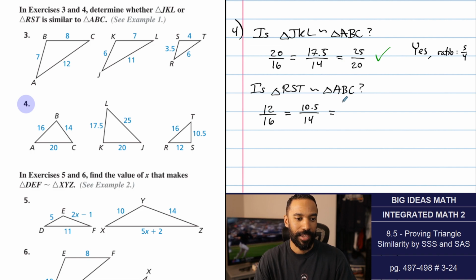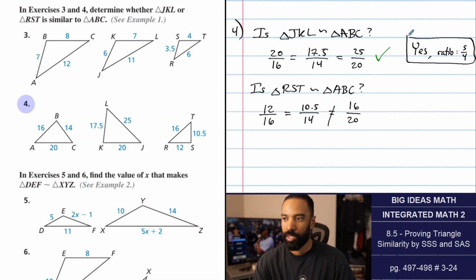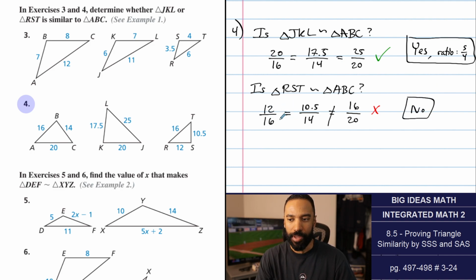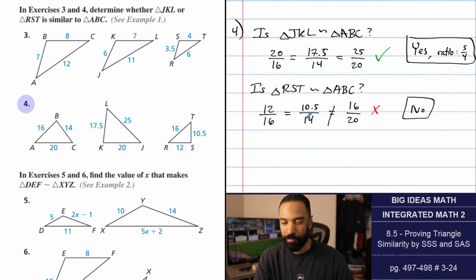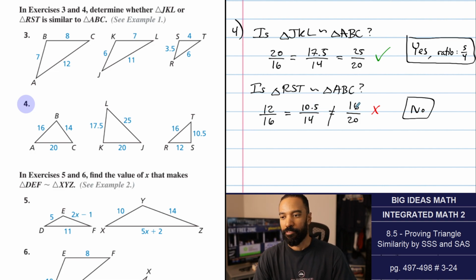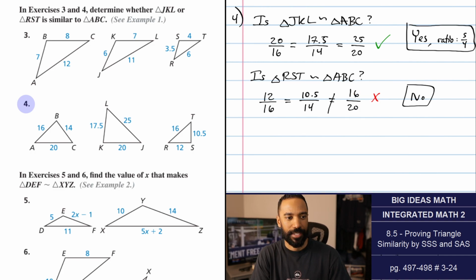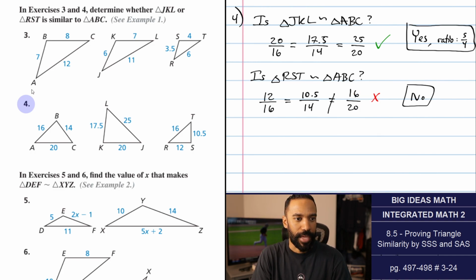And let's try RT, 16, with AC, 20. I think it's 4/5. So no for that one. Different ratios, right? These are both 3/4. If you divide this by 3.5, you get 3/4. Divide this by 4, you get 4/5. So not similar.